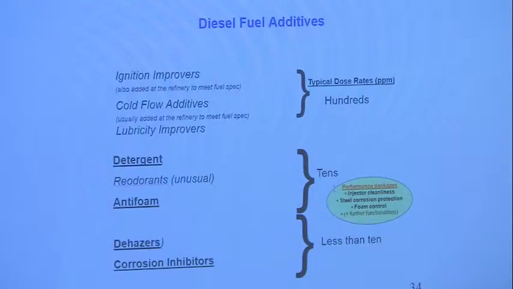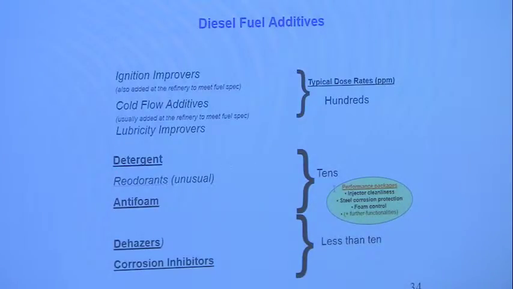Within about 50 miles, your injection system would be ruined, because your fuel pumps would be completely ruined because there's no lubricity. So lubricity additives are very important. And just as an aside, very interestingly, if you put 1 or 2% of biodiesel, it takes care of all this problem. Biodiesel is extremely effective as a lubricity additive.